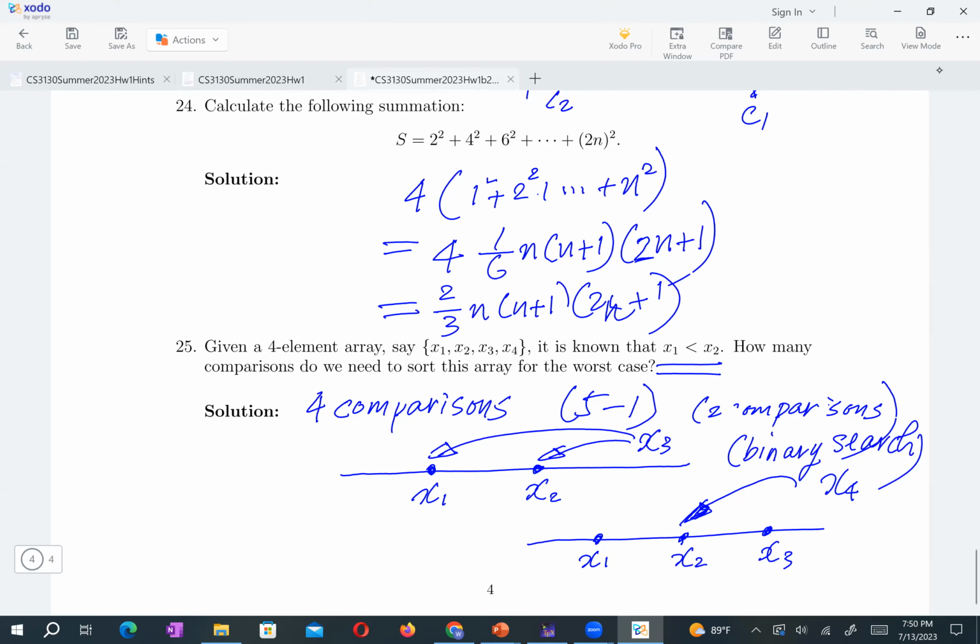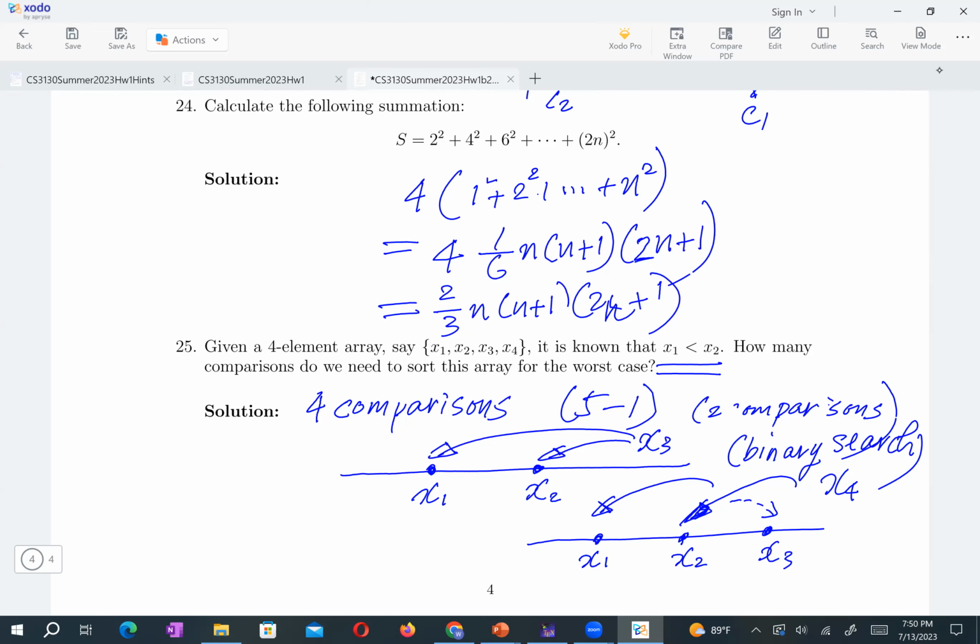If X4 is less than X2, you only need to do one more comparison with X1. Okay, yeah. But if X4 is greater than X2, you do not need to look at X1 anymore. You just do one comparison with X3.